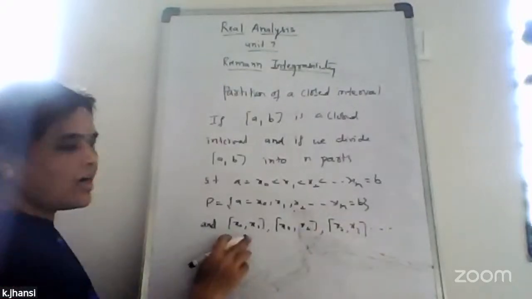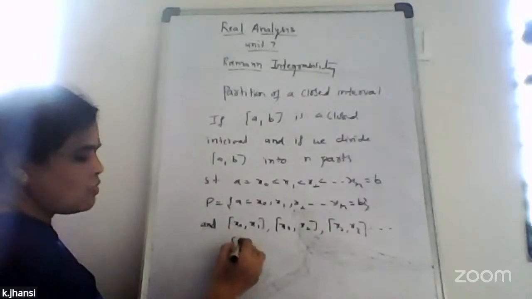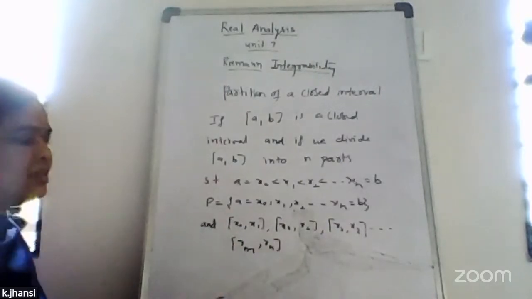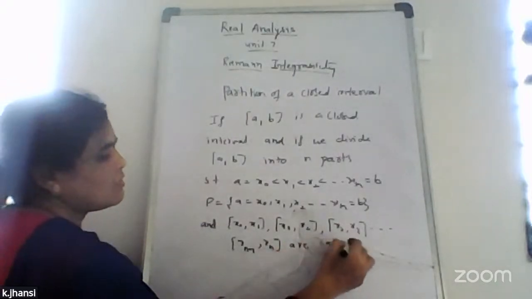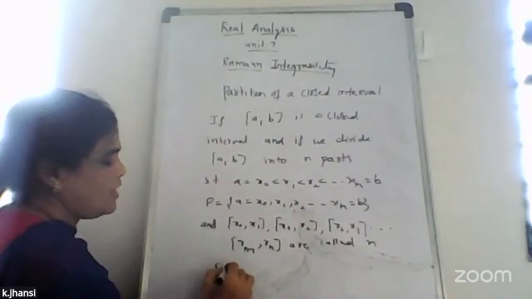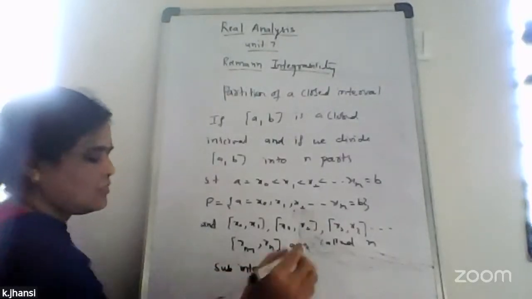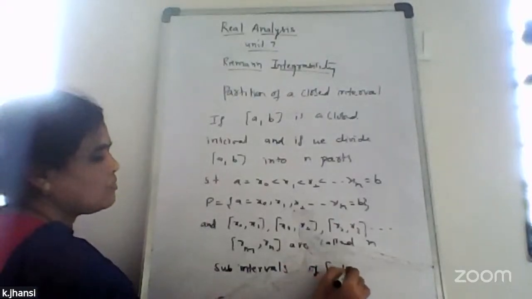These are called subintervals. Up till xn minus 1 comma xn, these are called the n subintervals of the closed interval a comma b.